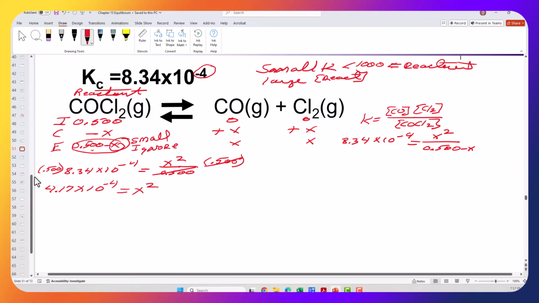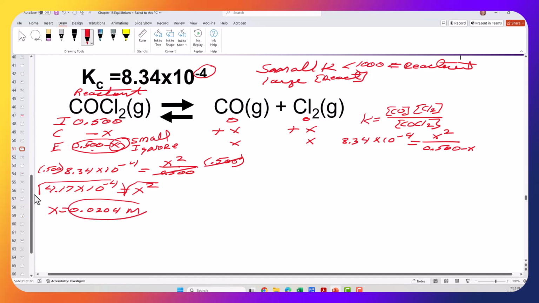All I have to do to solve for x is take the square root, and that gives me an x value of 0.0204. So x is equal to 0.0204 molar or atmospheres, depending on what the unit of concentration is.